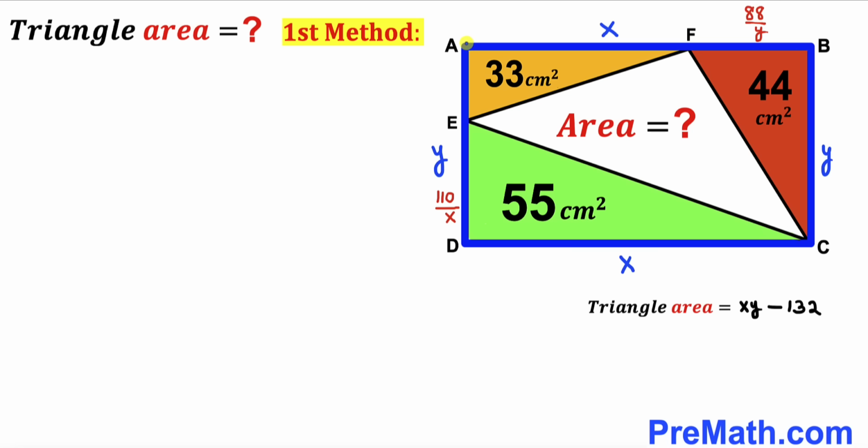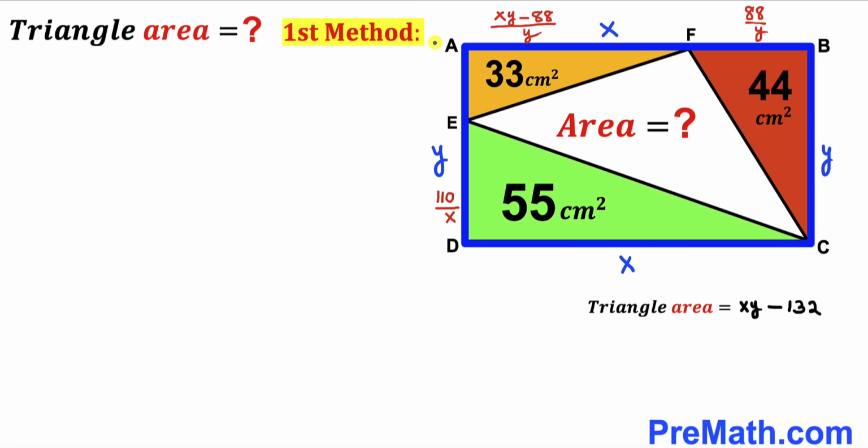Now let's make an observation. We can see that this whole length is x, and this segment BF length is 88 divided by y. So this segment AF length is going to be x minus 88 divided by y, which could be written as x times y minus 88, all divided by y.